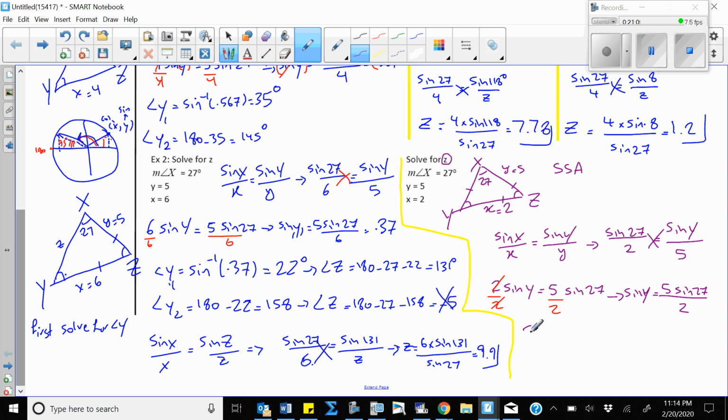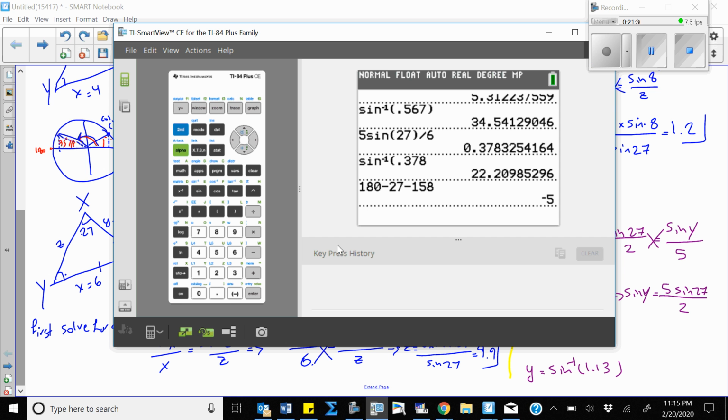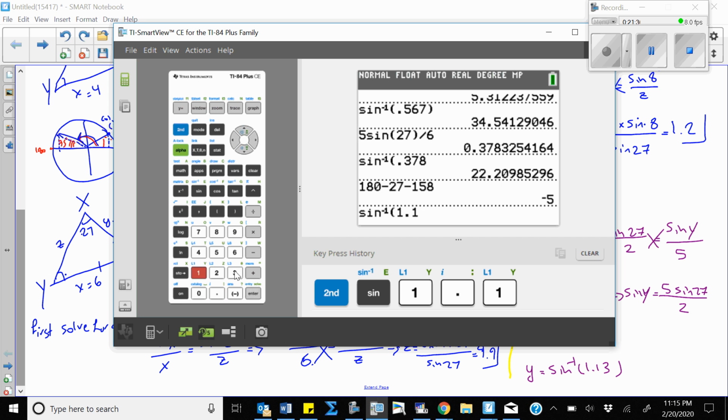And if you use your calculator, you will see that sine of y is equal to 1.13. To find y, it should be sine inverse of 1.13. And let's see what happens if I find sine inverse of 1.13.